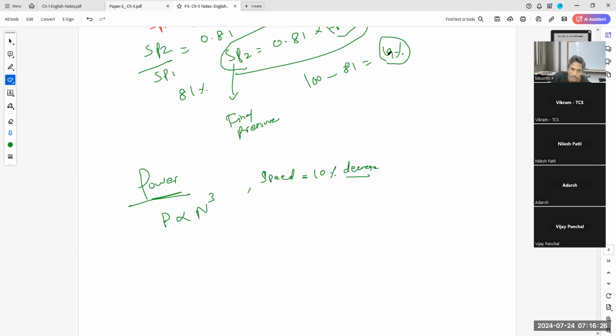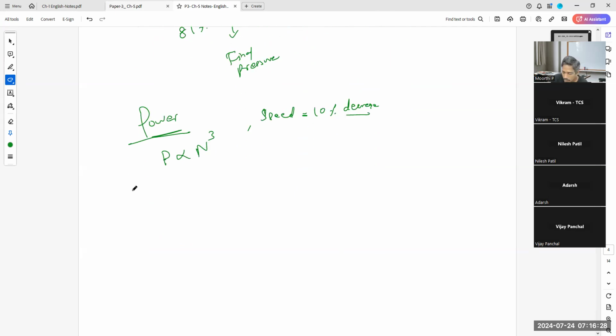Write the formula. Quickly tell me the formula. Here SP means static pressure. Now I am asking power. P2 divided by P1 equal to N2 divided by N1 whole cube. You understand this formula? N cube. It is power, not SP.